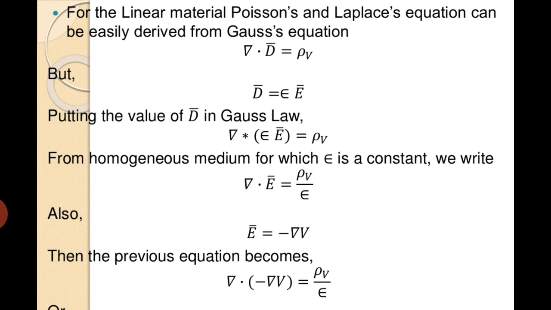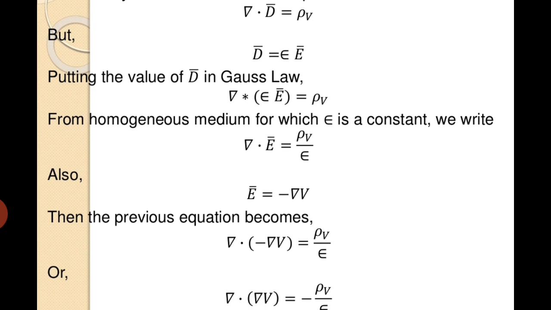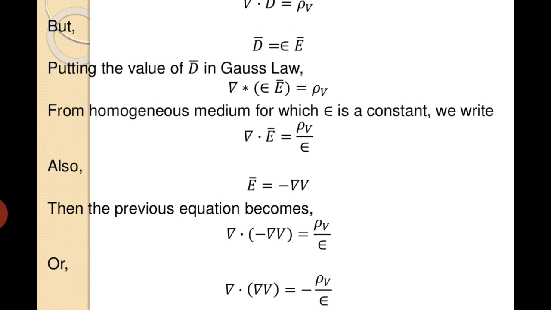Also E is equal to minus del V. Putting E is equal to minus del V in the previous equation, del dot (minus del V) is equal to rho V divided by epsilon. So del dot del V is equal to minus rho V by epsilon, right?